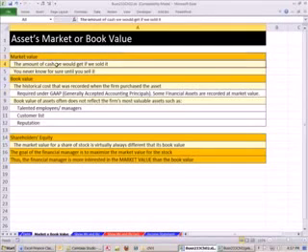Market value, that's the amount of cash we would get if we sold it. Now, market value, you hear a lot about this. Market value for financial assets like stocks and debt sometimes, you actually can go out and see what the market value is every day. But most assets, all the machines and the trucks and the buildings, and all sorts of other assets, don't really have a market where you can go and see what the actual price is if you sell it.